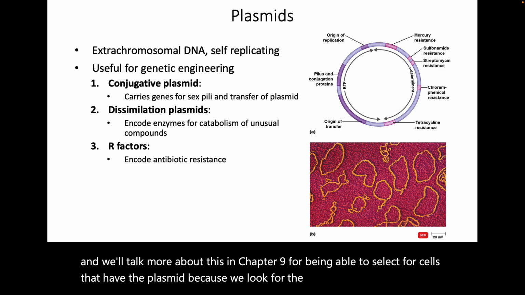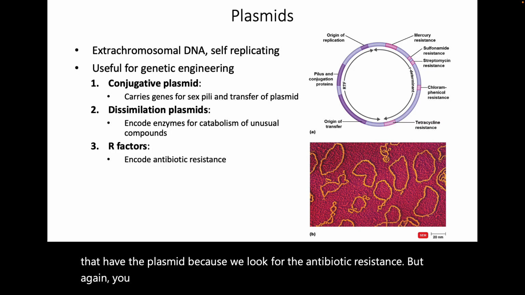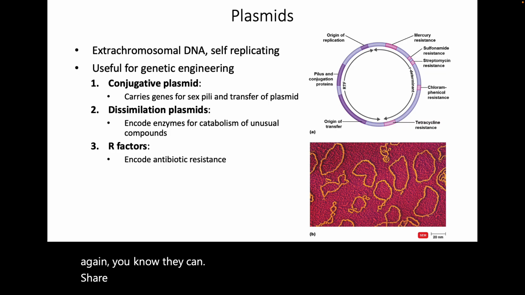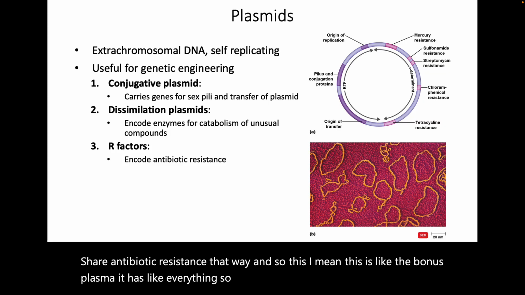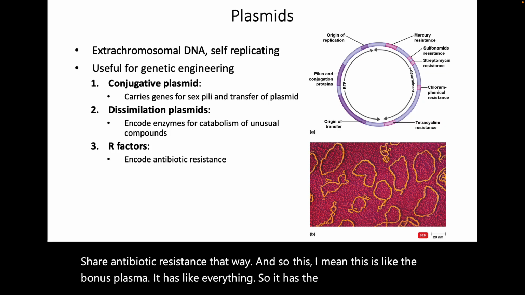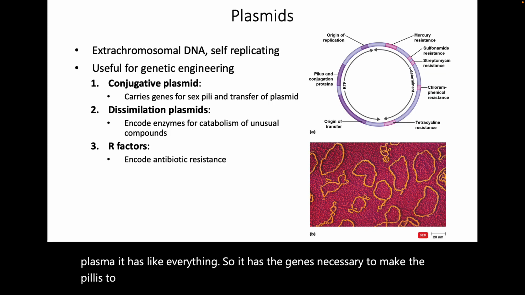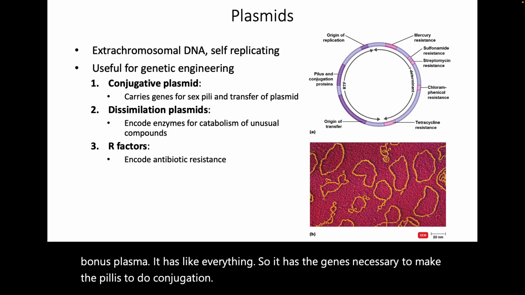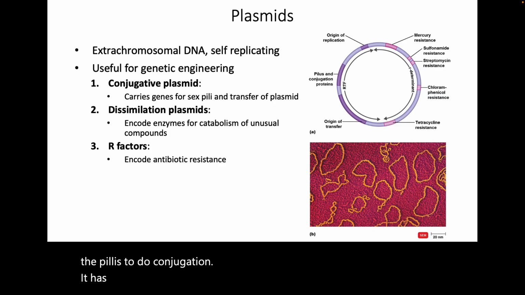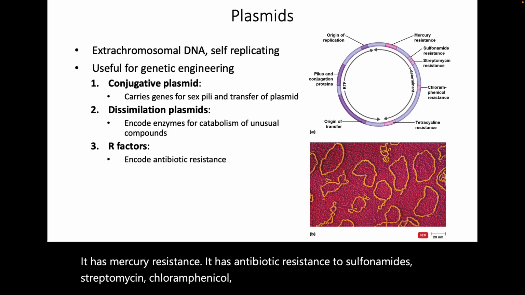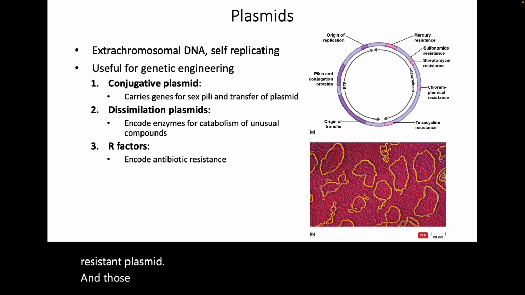But again, they can share antibiotic resistance that way. And so this is like the bonus plasmid. It has everything. It has the genes necessary to make the pilus, to do conjugation. It has mercury resistance. It has antibiotic resistance to sulfonamides, streptomycin, chloramphenicol, and tetracycline. So it's a multi-drug resistant plasmid. And those are all very different mechanisms of action.